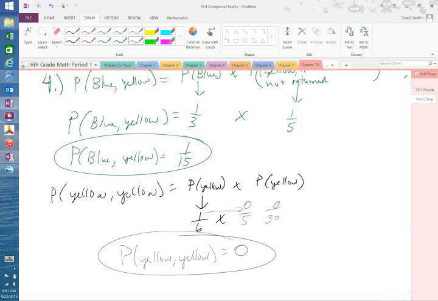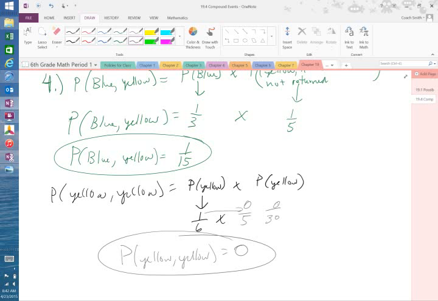So I'm going to keep the first card. We're assuming that it was a yellow one. It happened. There are no more yellow cards. So there's no way to pull out 2 yellow cards out of a stack that only has 1 yellow card in it. So that's the probability, 0.